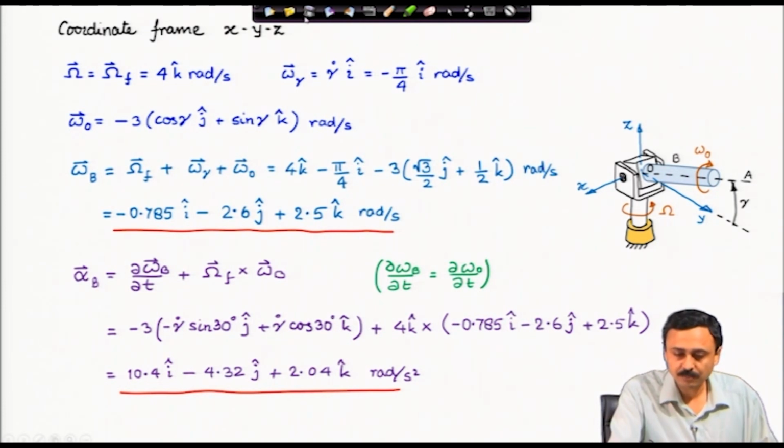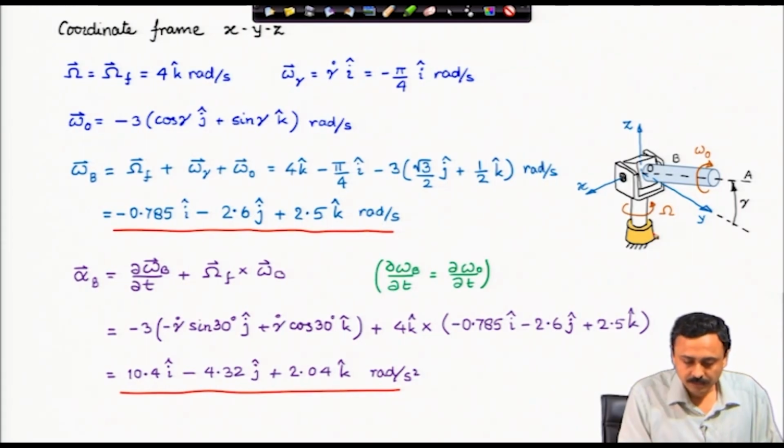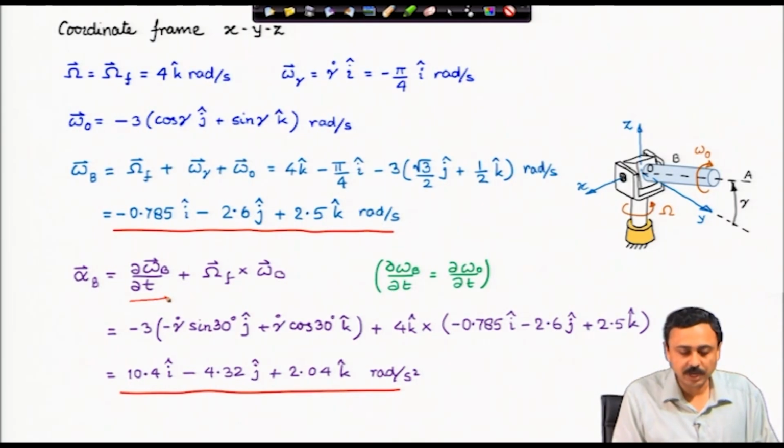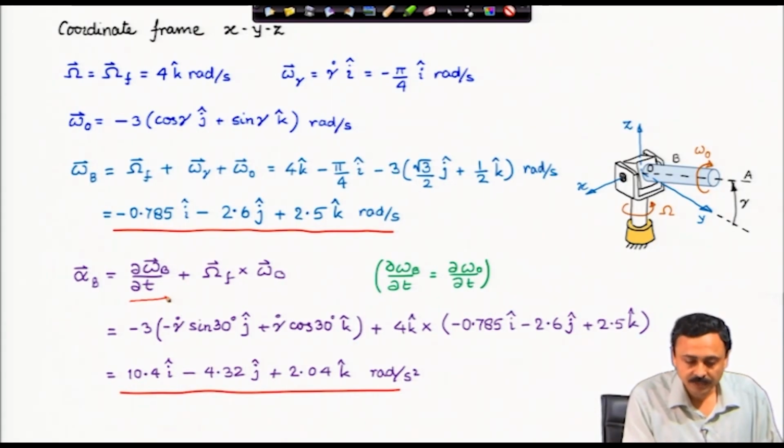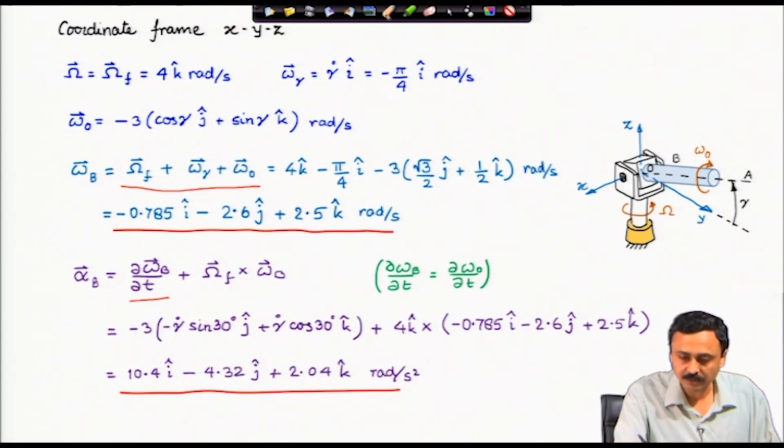Here I must mention something. When you calculate the local time rate of change of omega of the body, you see omega of the body is this expression. Let me write it down.